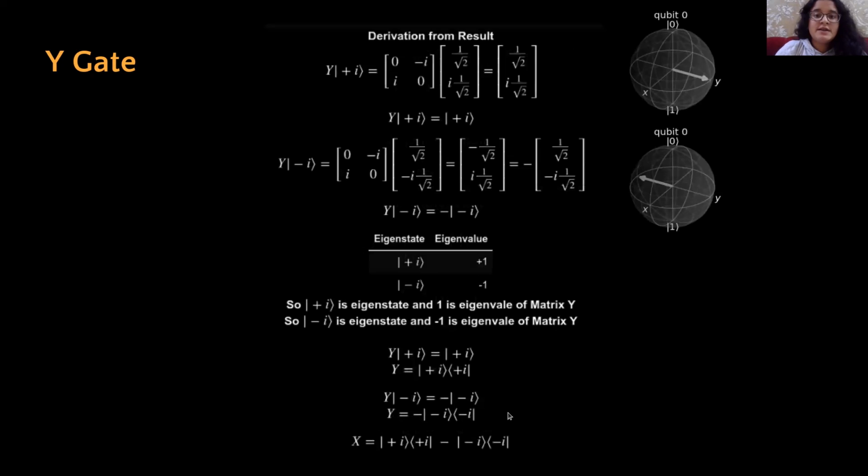And now we derive the Y gate from its definition of 180-degree rotation about the y-axis without actually knowing what the Y matrix is.